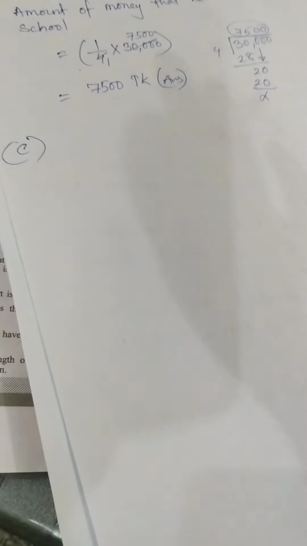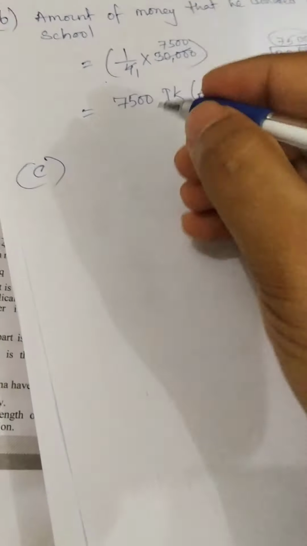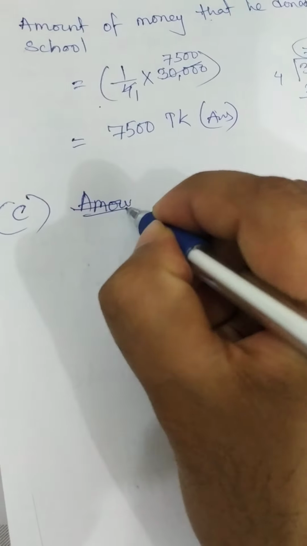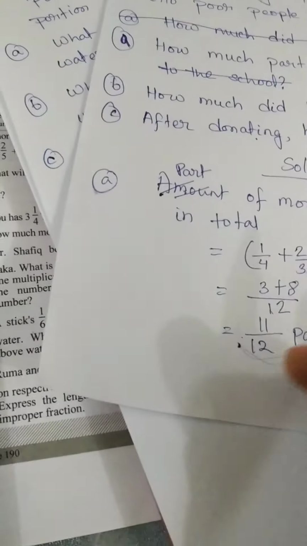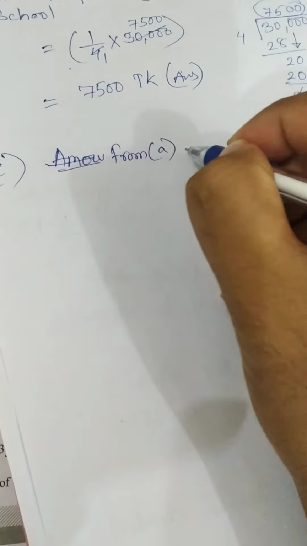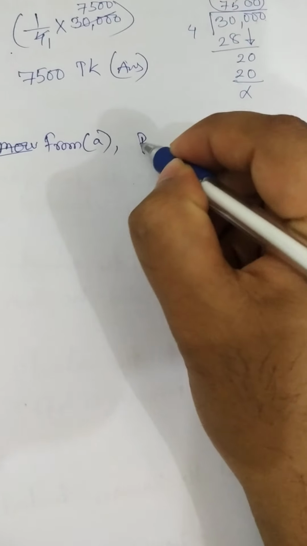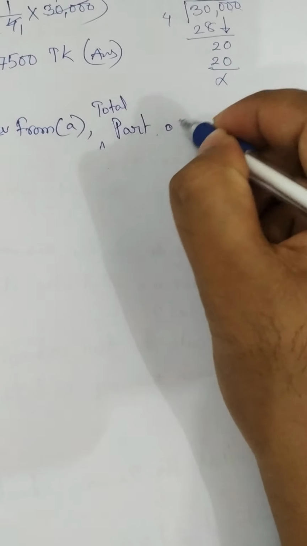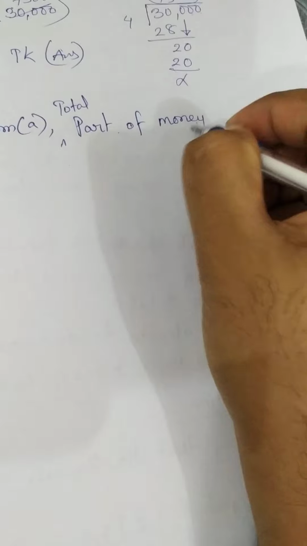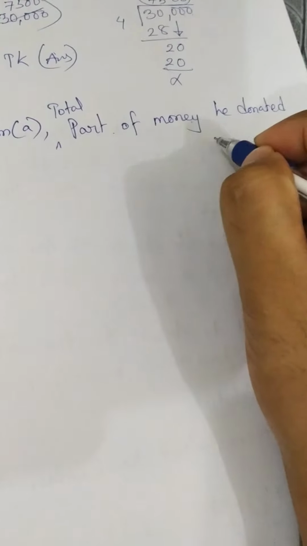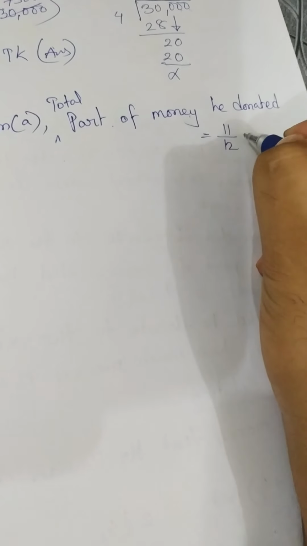So the first step is we need to find out how much he donated in total. So we can write, from A we got 11/12 part. So from A, total part of money he donated equals 11/12 part.